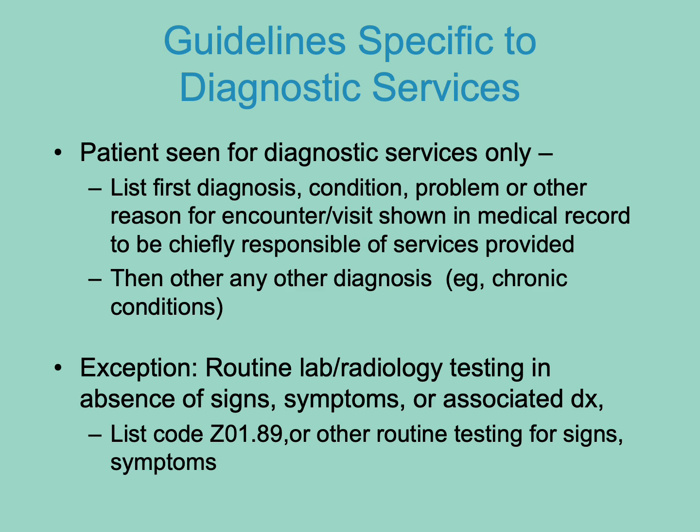So list first the diagnosis, condition, problem, or other reason for encounter, chiefly responsible, okay? Then list any other diagnoses like chronic conditions, okay? But there's an exception. Routine lab or radiology testing in the absence of signs, symptoms, or associated diagnosis, list code Z01.89 or other routine tests for signs or symptoms.